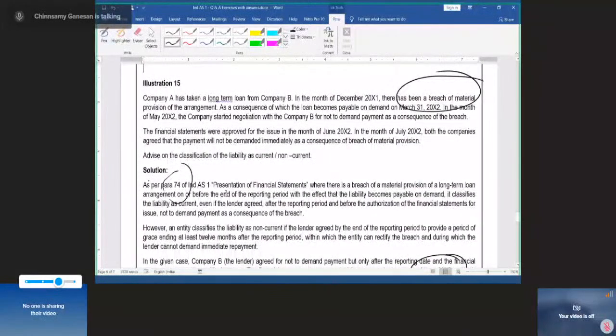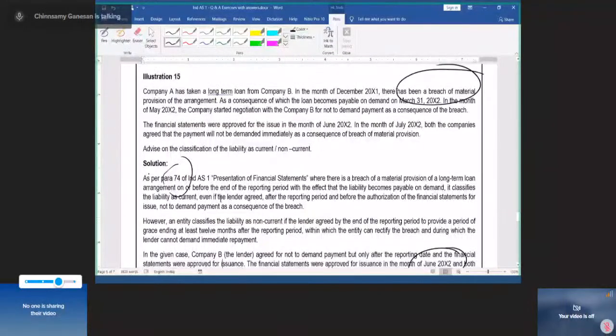There is no possibility of using that before 31st March 2002 and classifying that as part of my non-current liability. It is repayable on demand, and accordingly, there is a breach which will be exercised, then automatically it comes as part of your current liability because the negotiation or the approval comes only subsequent to the balance sheet.